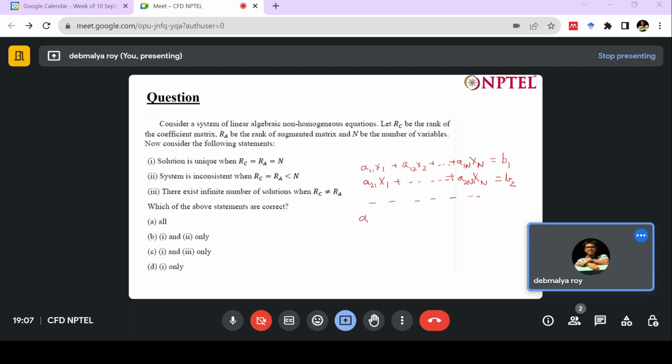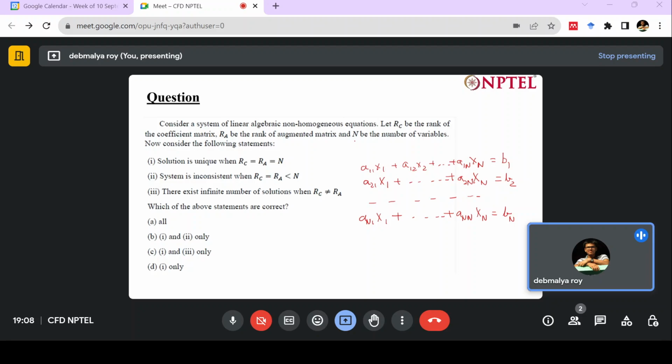So if we have such n equations, it will look like this. However, this still does not guarantee that the system is closed and will give us a unique set of solutions. For that, we need certain other conditions to be satisfied.